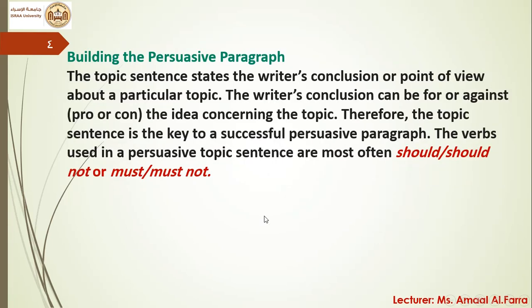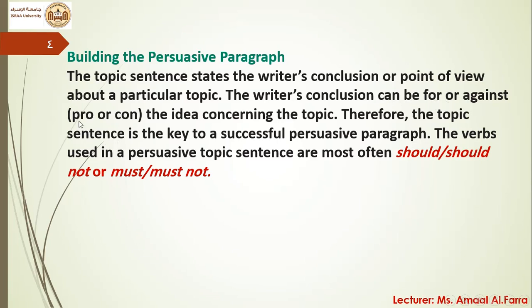Building the persuasive paragraph: how can we build a persuasive paragraph? Of course, we are going to start with a topic sentence that has the topic and the controlling idea. In the topic sentence, we state the writer's conclusion or point of view about a particular topic. The writer's conclusion can be for or against.